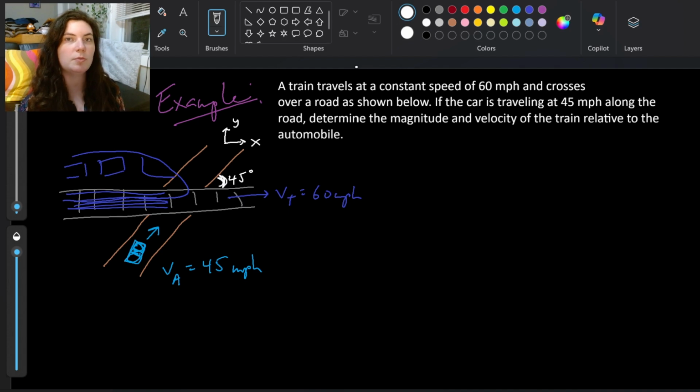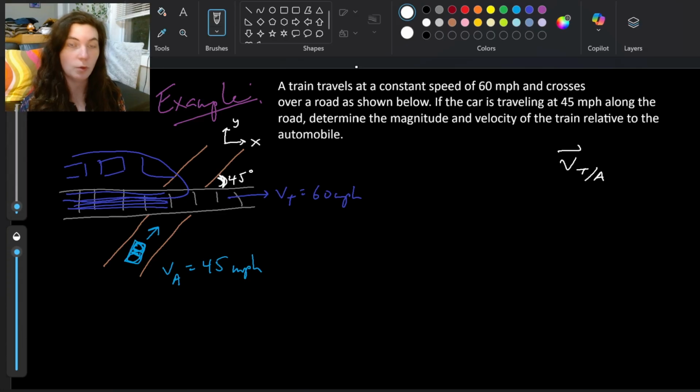So when we're doing these problems, they're usually just a case of vector analysis, right? So what we're going to do, because we're trying to find that velocity of train with respect to the automobile, so that's how I'm going to label it, train with respect to the automobile. I want that magnitude of the velocity of the train.